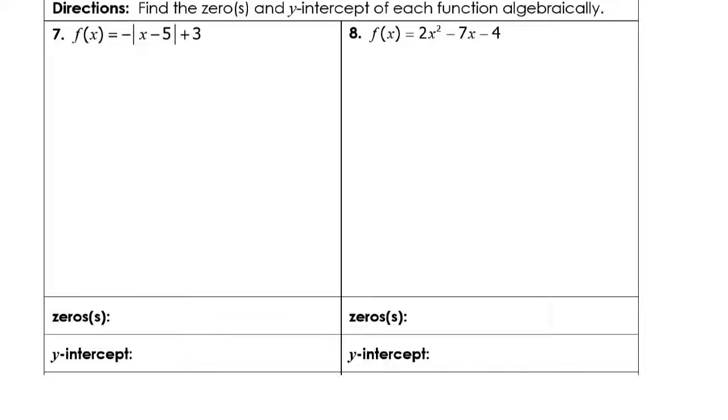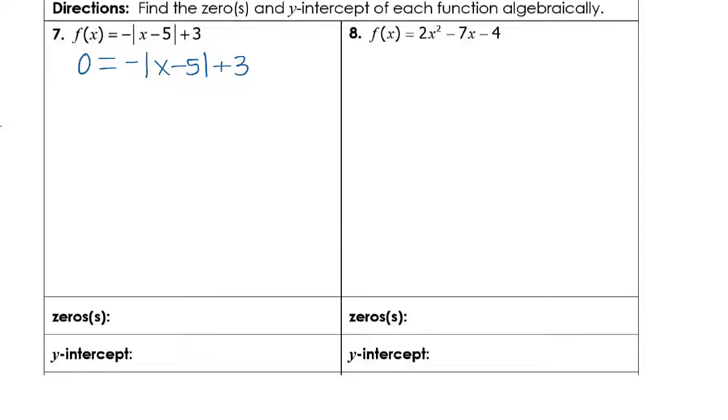On example 7, you are asked to find both the x and the y-intercepts. You're asked to find the zeros and the y-intercept. So your first step would be to set f of x equal to 0. So I'm going to sub in 0 for f of x, and that's going to be equal to negative absolute value of x minus 5, and then plus 3.